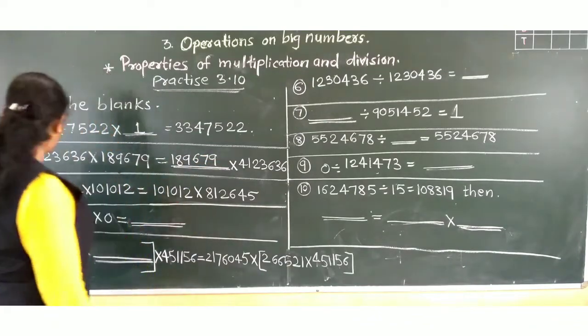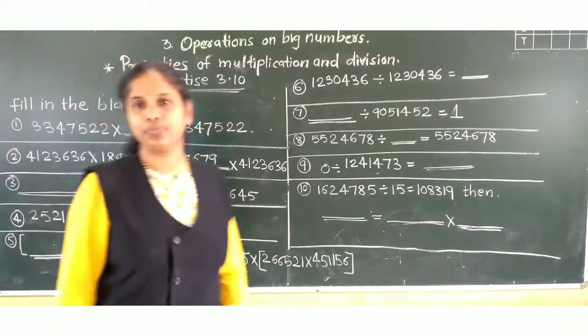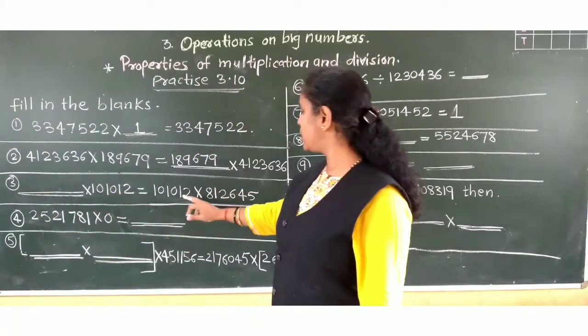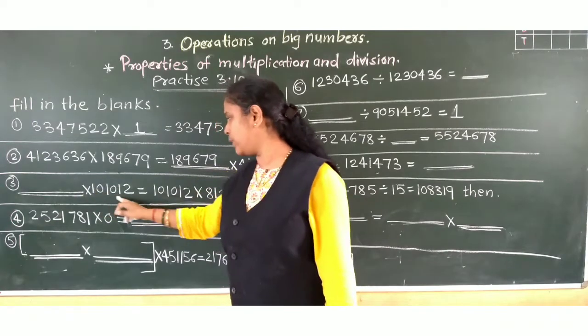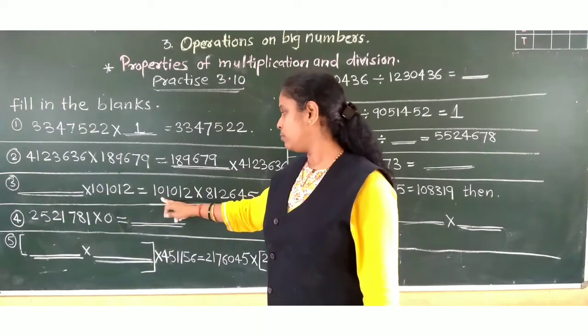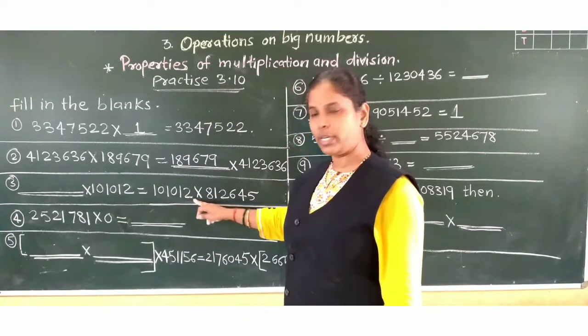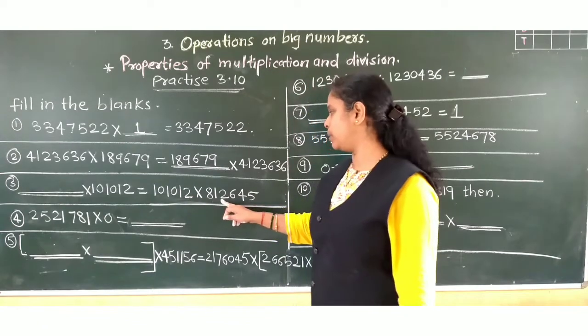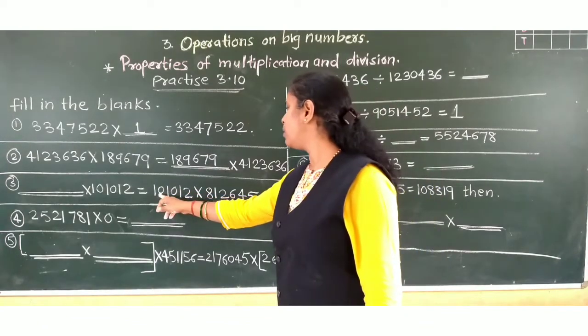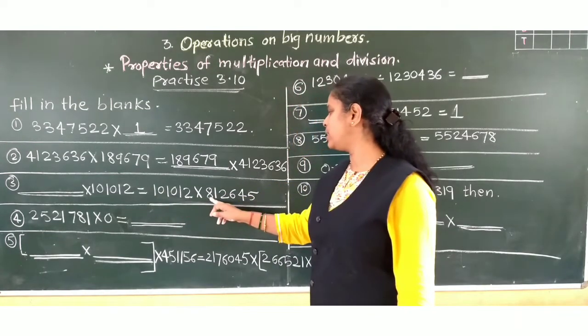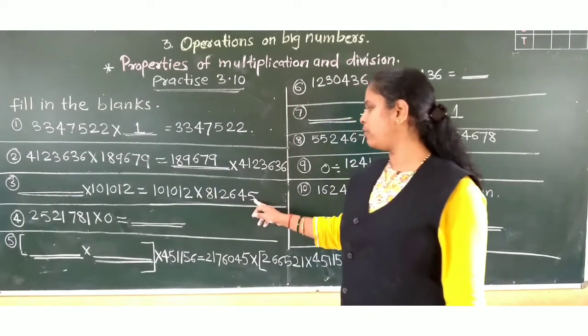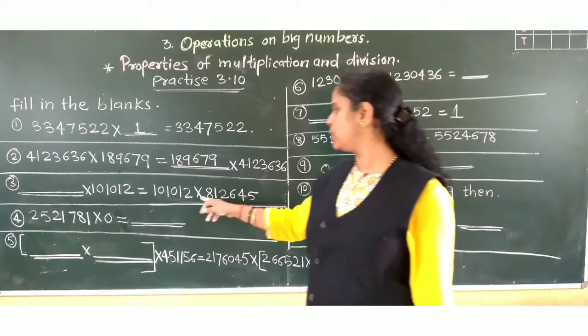Now here see question number 3. Here we don't know what number, into this is equal to 1,01,012 into this number, and here see 8,12,645. Okay, this number.